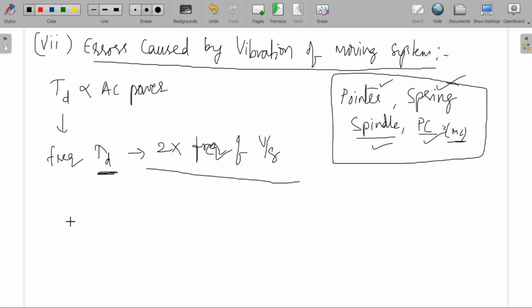You know, if you take a glass and produce sound waves near it, and increase the frequency of these sound waves, at one particular point this glass will break.